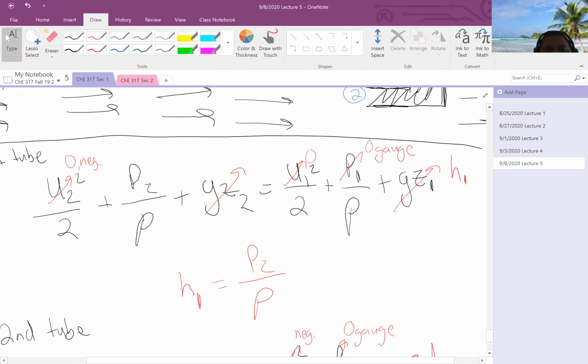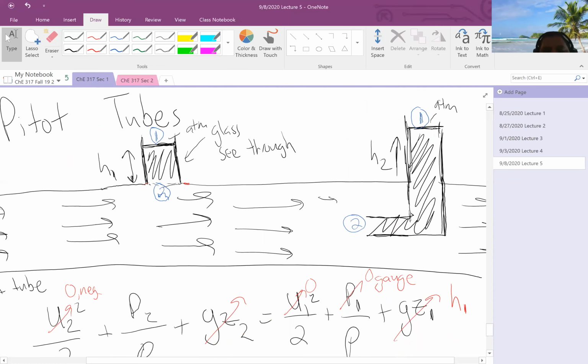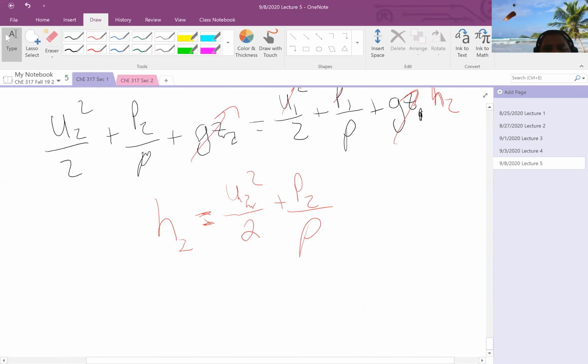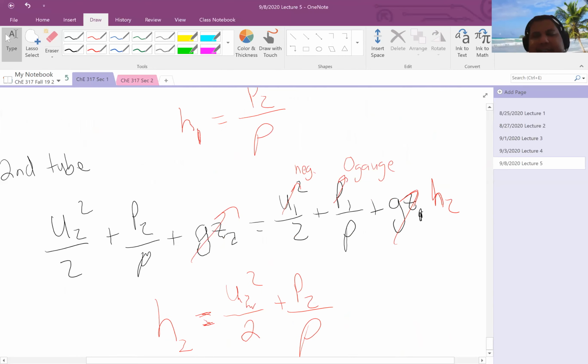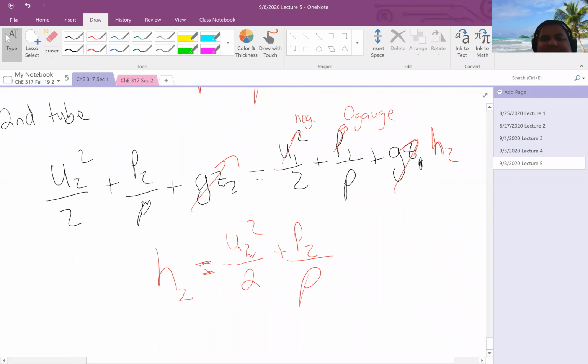So looking at just this short tube, I'm measuring simply the pressure energy, and looking at this second tube that goes within the flow field, I'm measuring both the pressure and the kinetic energy. By having both tubes present within a flow system, I can not only measure the pressure within my flow system, but I can also determine the velocity of the fluid as it moves in the system.